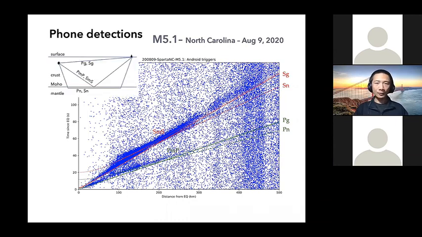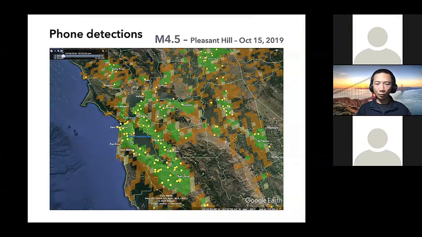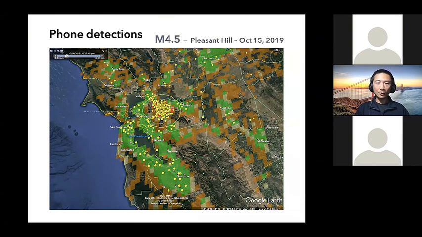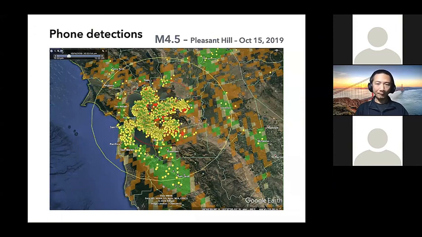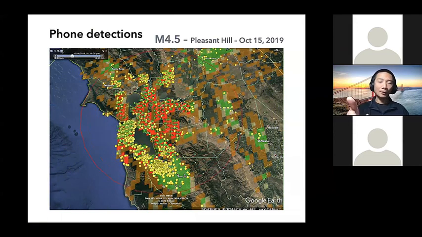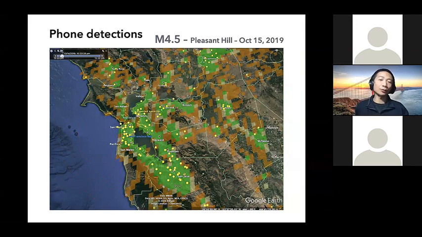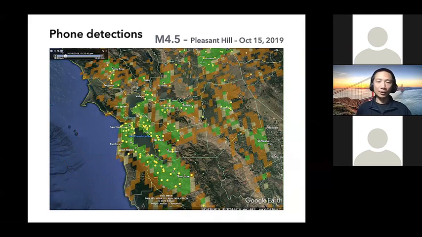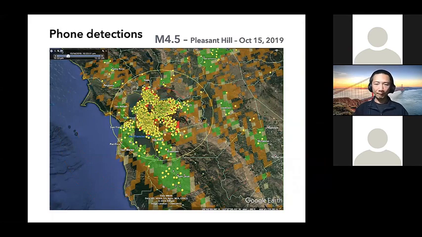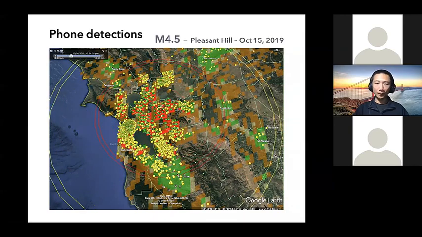I won't go into more detail, but just to give you more examples: this is the Pleasant Hill event that occurred not far from Berkeley, and you can see the different triggers of the phones.